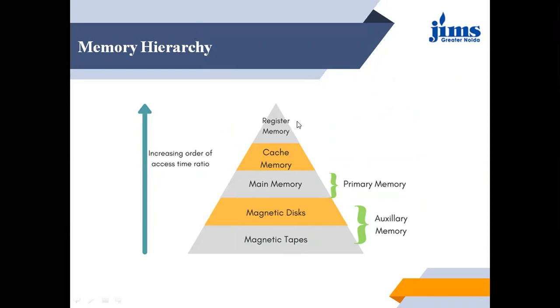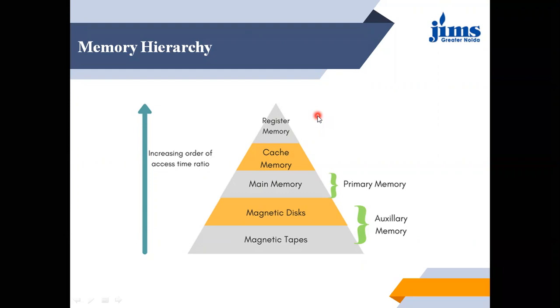Or we can say in one more way that the size of the memory increases from upward to downward when we consider that every memory has to be at the same cost.